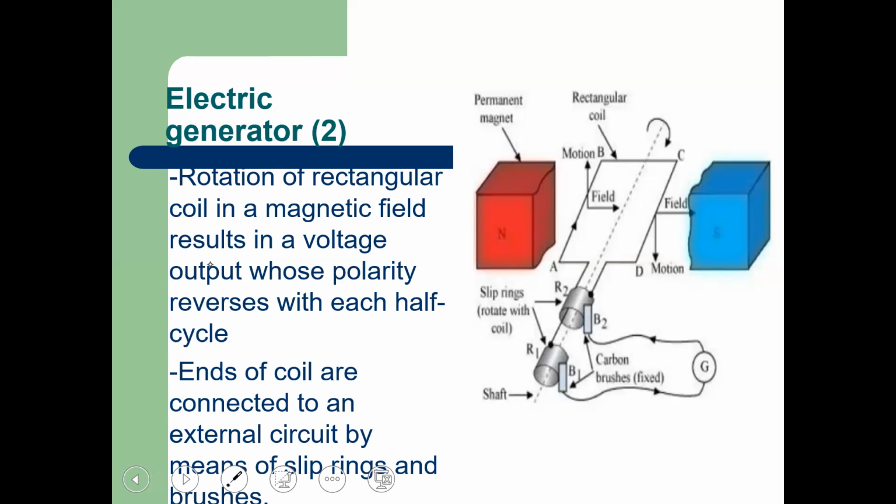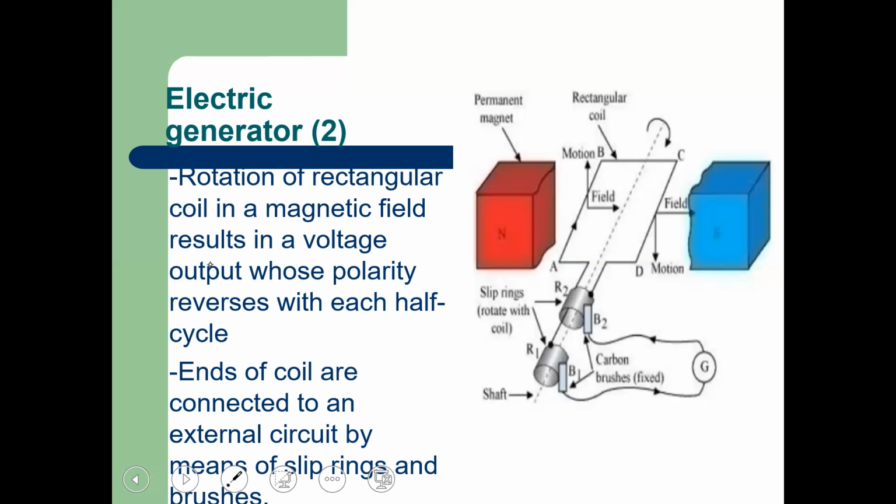For the fact that it can experience variation in magnetic field, electricity will be generated. Hence, current will be able to flow. So when you begin to turn this armature, EMF will be induced.